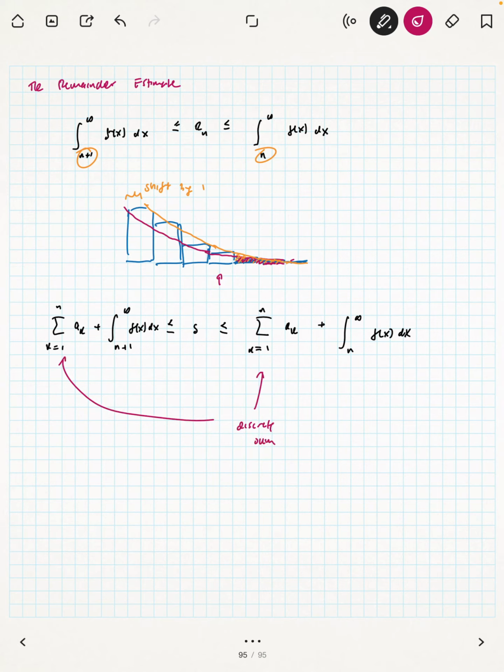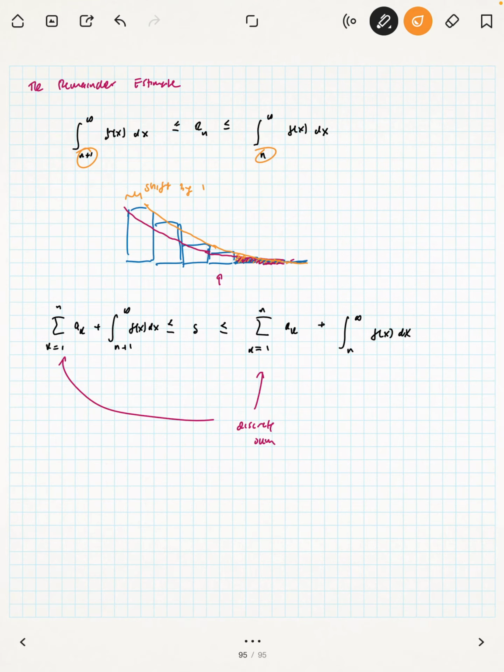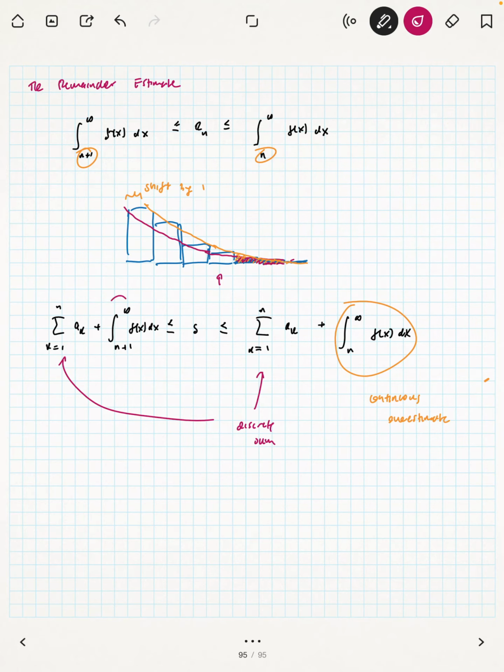These are the same discrete sum, which comes from the actual series. This piece, on the other hand, represents the continuous overestimate, and this piece represents the continuous underestimate.